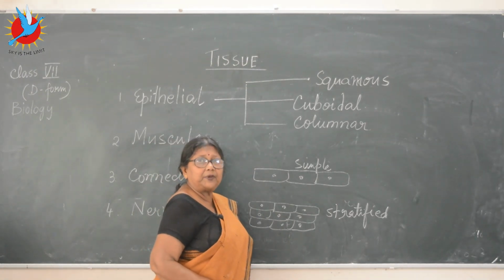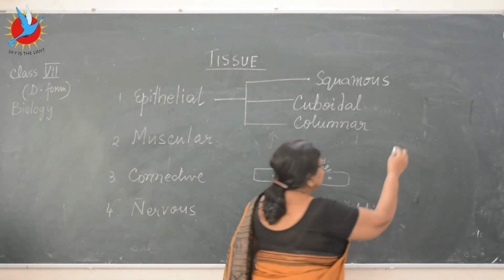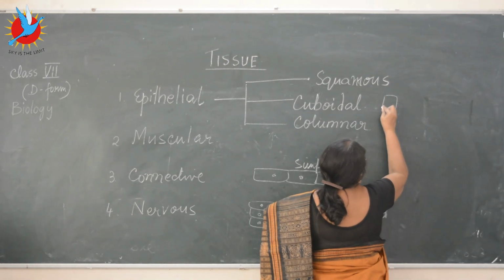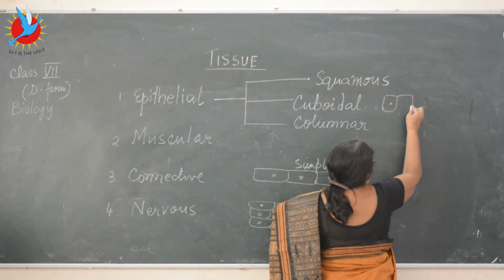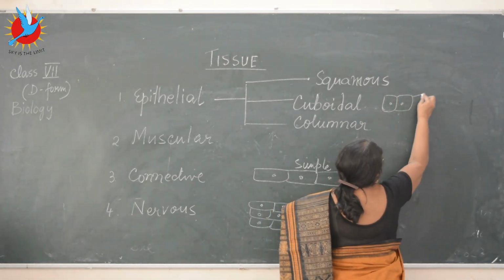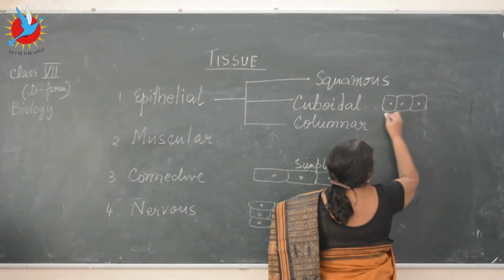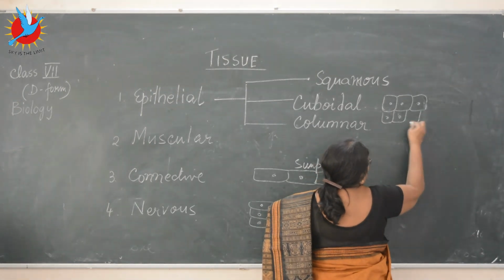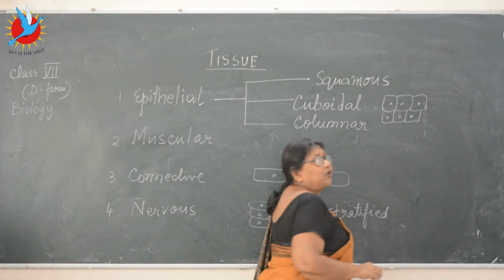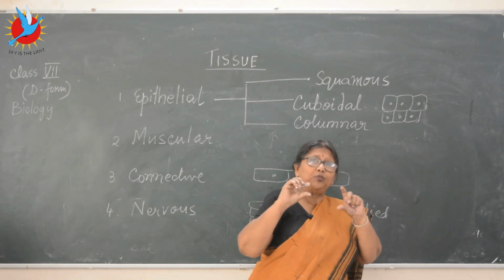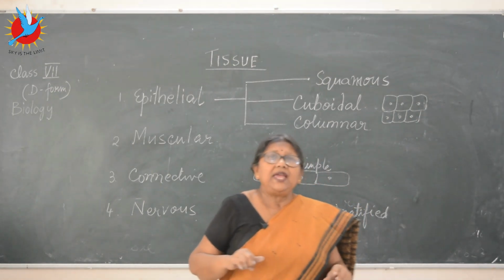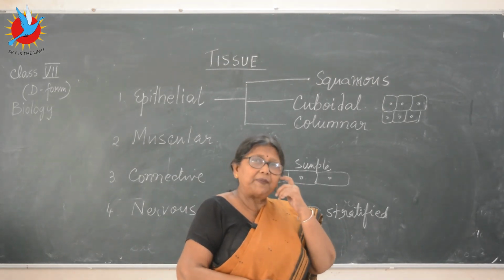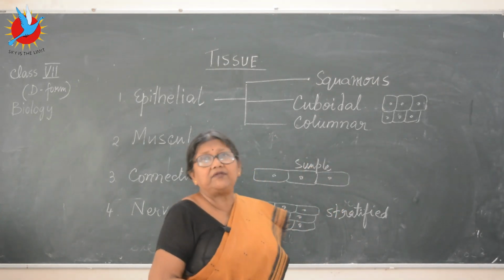From the name only, cuboidal. What will be the shape? Obviously like a cube. Like this, cuboidal. So each cell is in the shape of a cube. Functionally they are all the same, but only according to the shape and the structure, the scientists have given them different names.